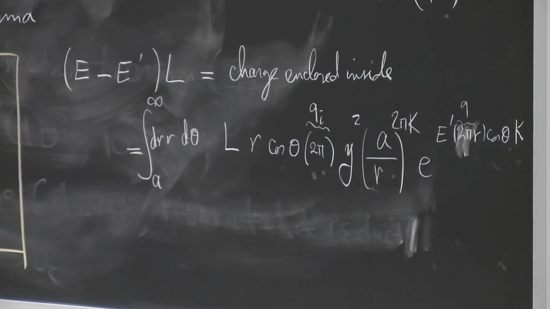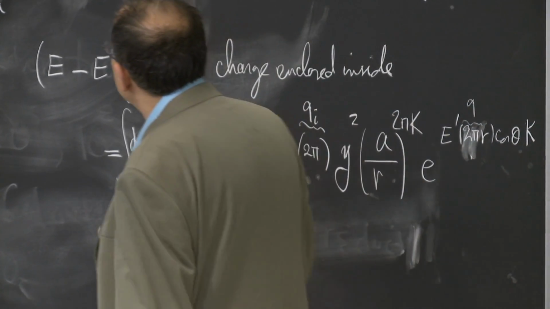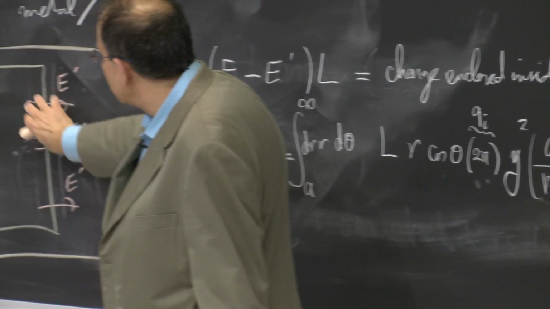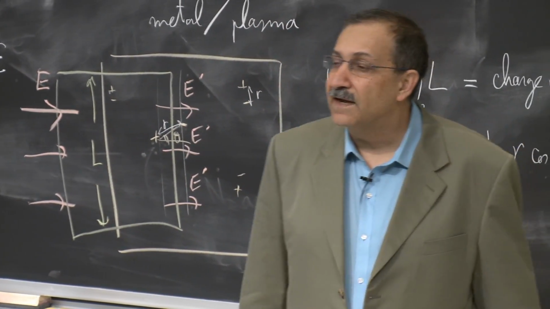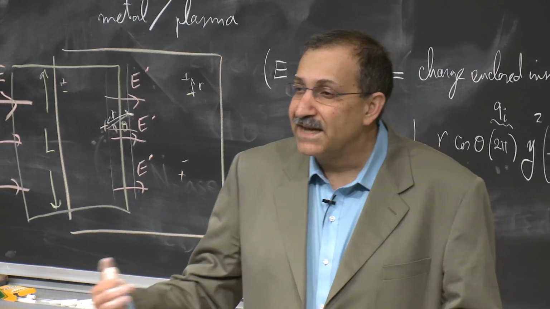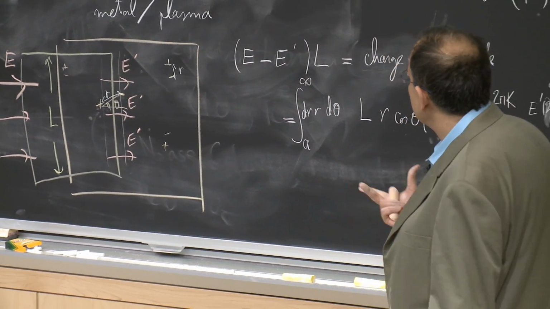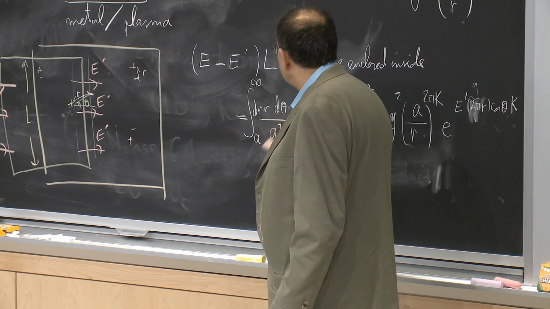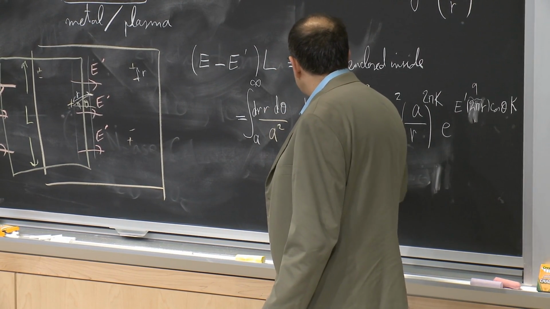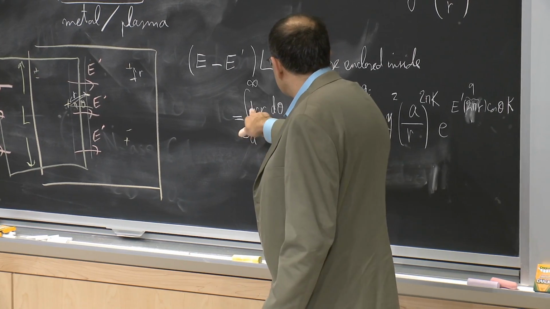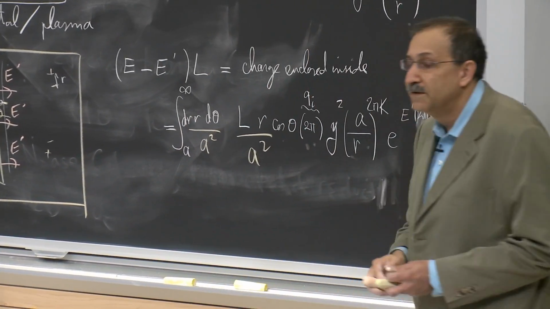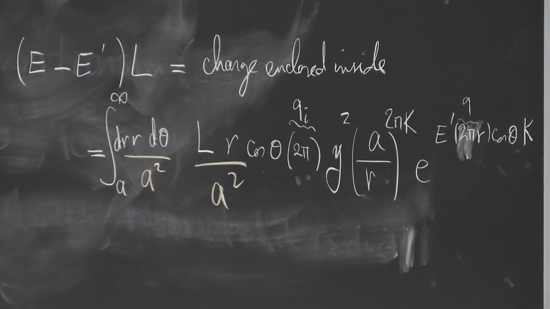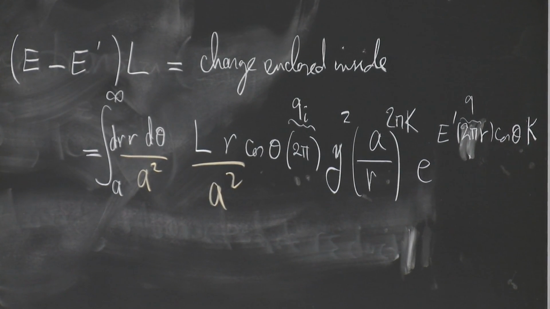I forgot one other thing, which is that when I'm calculating how many places I can put this, I have been calculating things per unit area of a squared. So I would have to divide all of these places where r and L appear by corresponding factors of a. Okay?